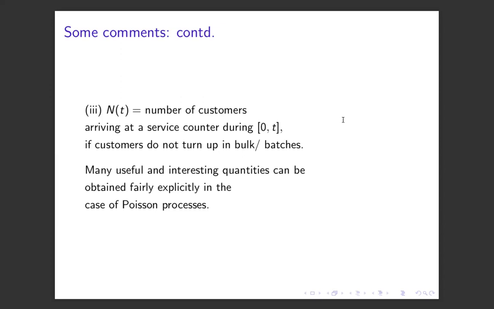What is the time of arrival of the first event? The time of arrival of the second event, and things like that. You will see that such things one can find fairly explicitly. So we will take it up in the next class.